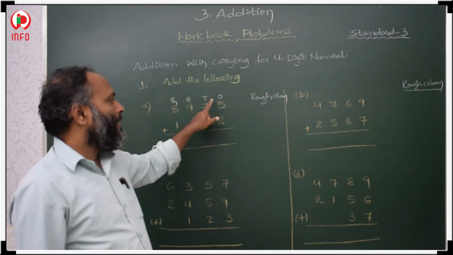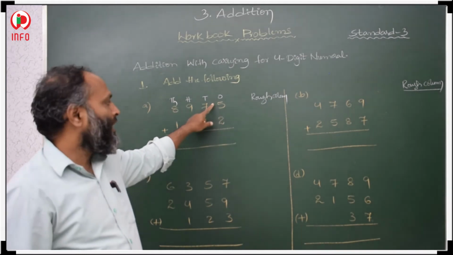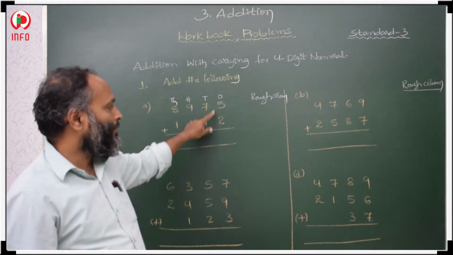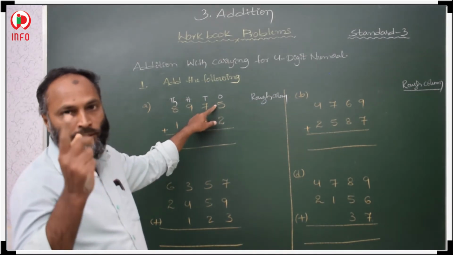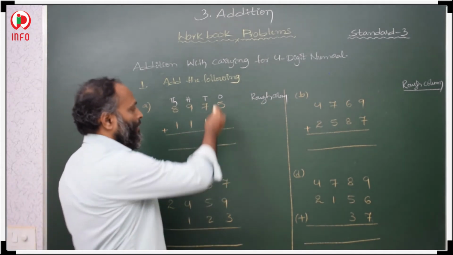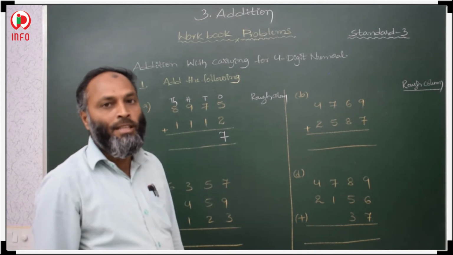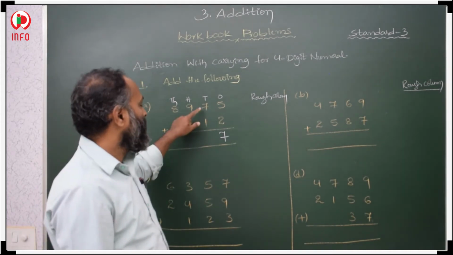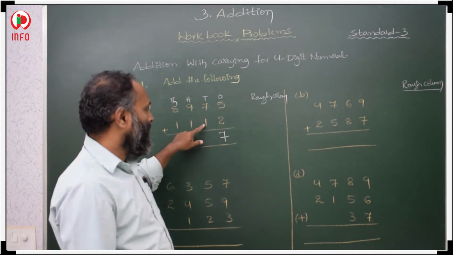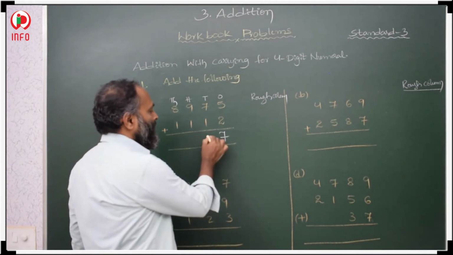We start addition from ones place. 5 plus 5, 6, 7. So here 7. How many ones are there? 7 ones. Next 7 plus 1, 8. 8 tens.